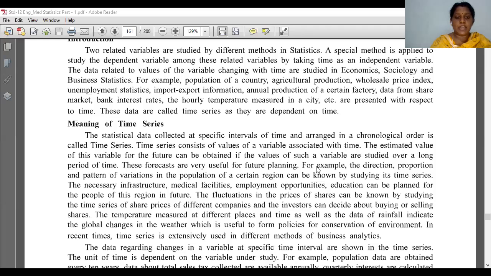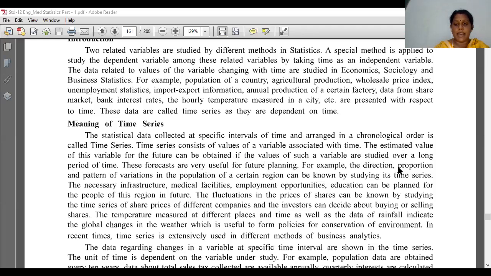The estimated value of this variable for the future can be obtained if the values of such a variable are studied over a long period of time. If you want to see the differences over a long period of time, then we use the time series method. These forecasts are very useful for future planning.